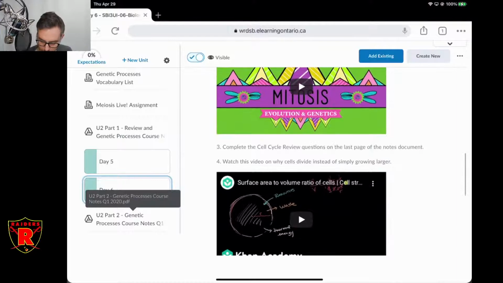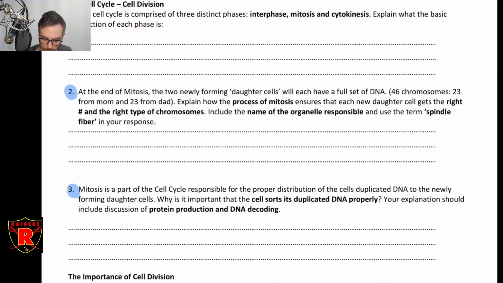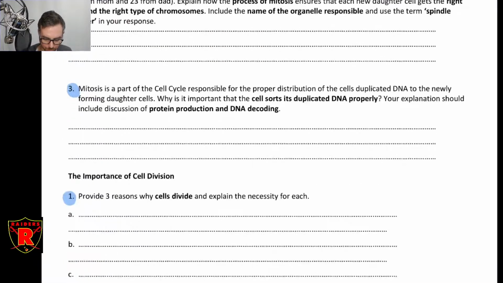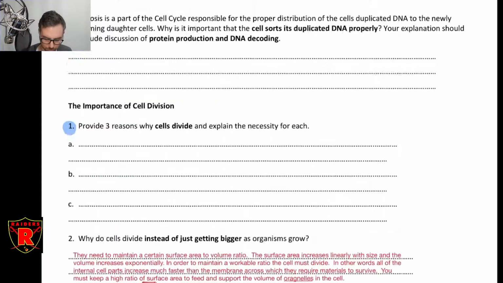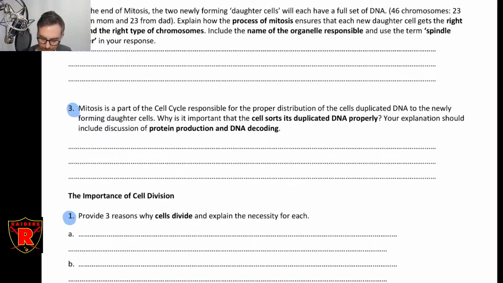There are some questions that go along with it from cell division, asking you about what is happening in each of the phases and a little bit of connecting stuff to the DNA stuff that we have been talking about. So that's these review questions. There are 5 questions in total.